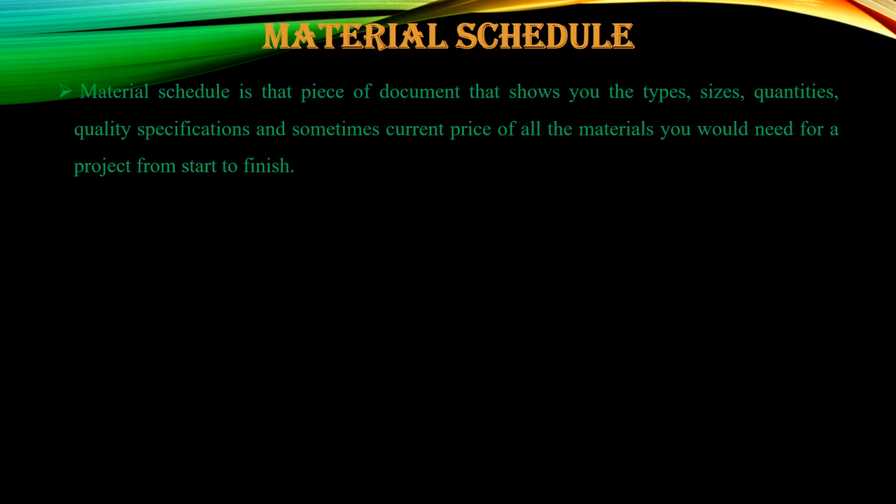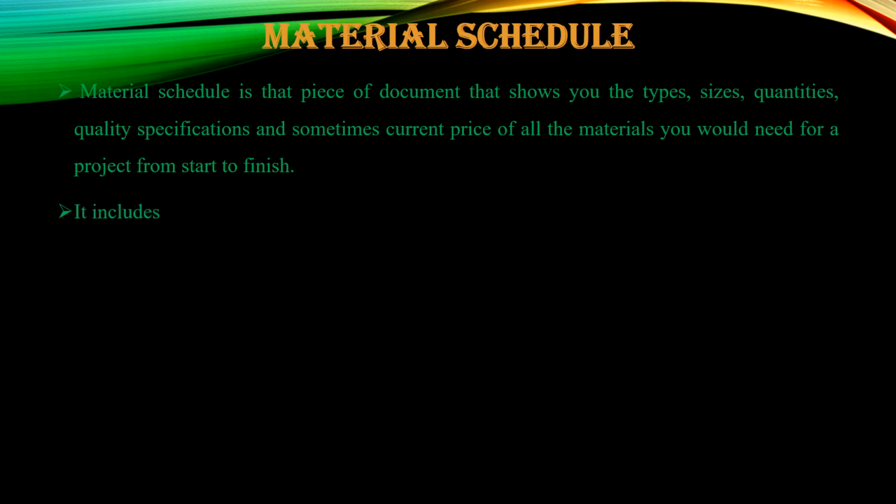Next one is material schedule. What is a material schedule? The material schedule is a document that shows the types, sizes, quantities, quality specifications, and sometimes the current price of almost all the materials that should be used for the completion of a particular construction project.